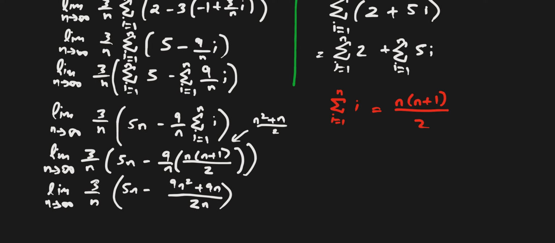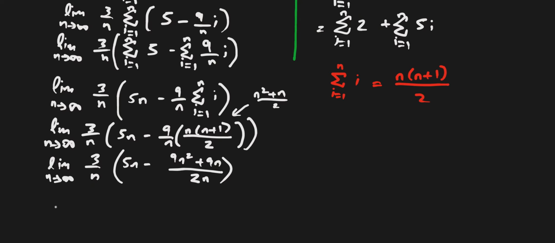Now what we can do is distribute this in. So this is just going to be the limit as n approaches infinity. I know that I wrote this many times, but you can skip some steps once you have this all down. So this is just 15, because the n's cancel out, minus 27, so 9 times 3 is 27, n squared plus 27n over 2n squared.